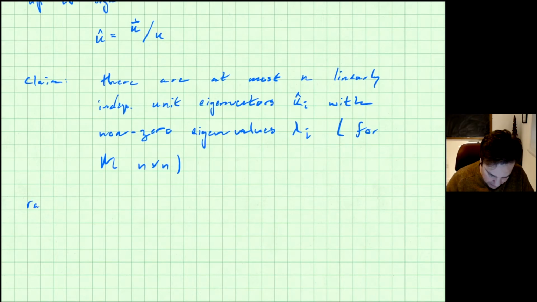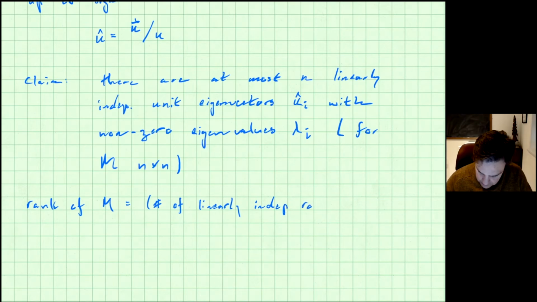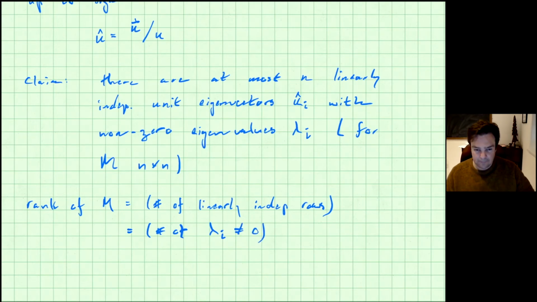Right, so we say the rank of a matrix is equal to the number of linearly independent rows, and that's also equal to the number of non-zero lambda i's. Right? That's called the rank of a matrix.